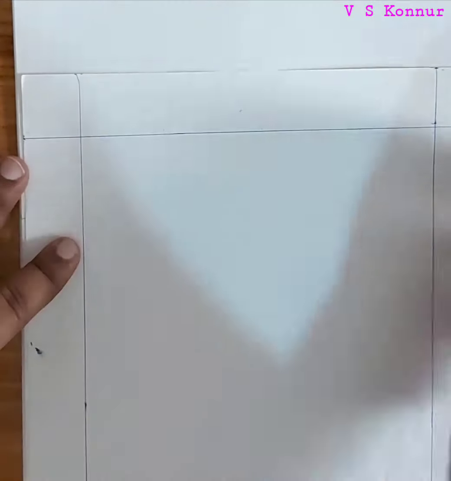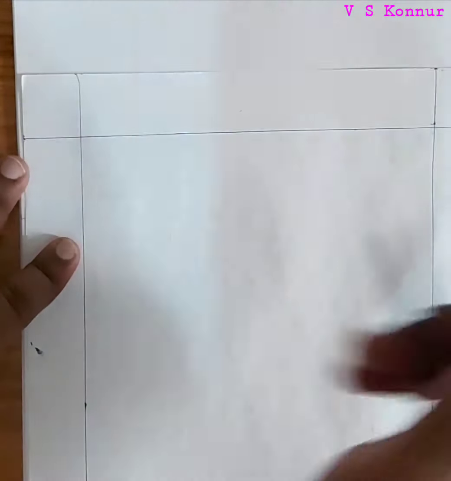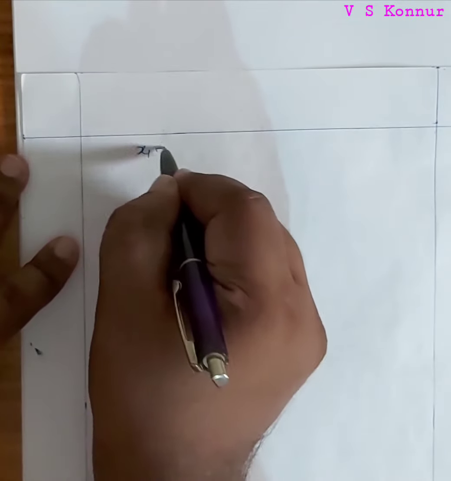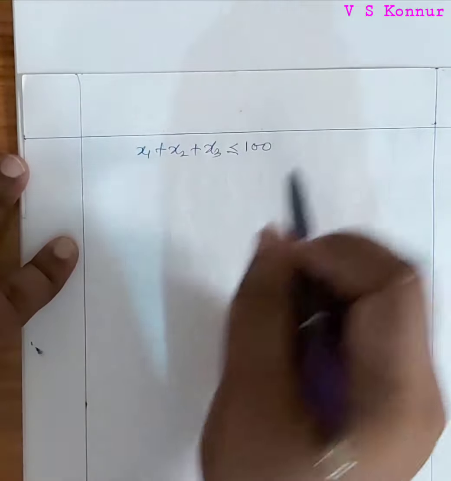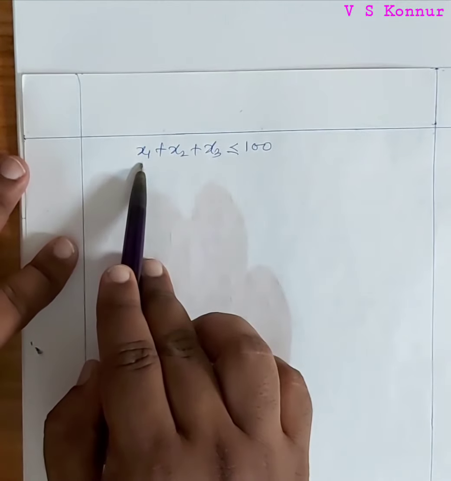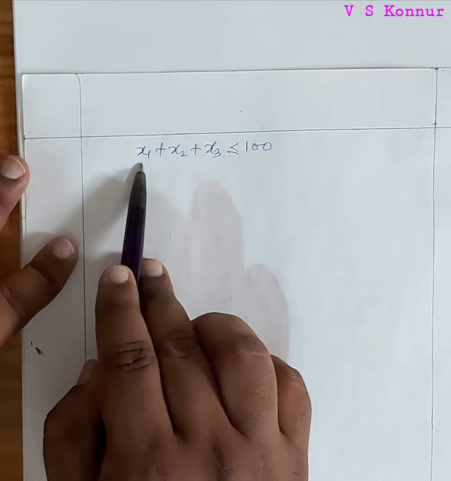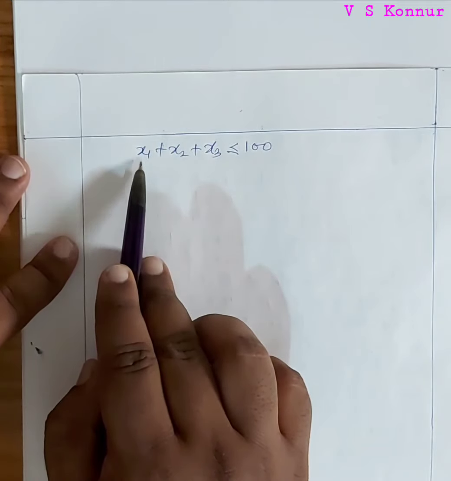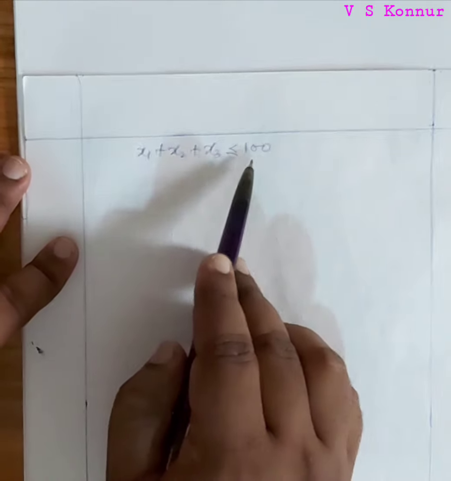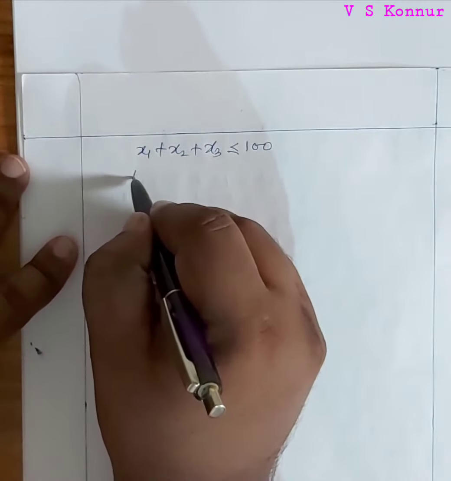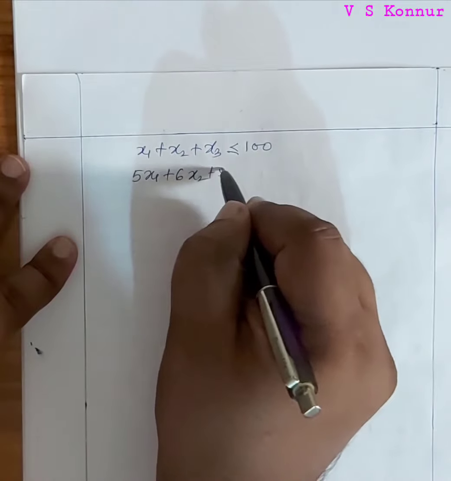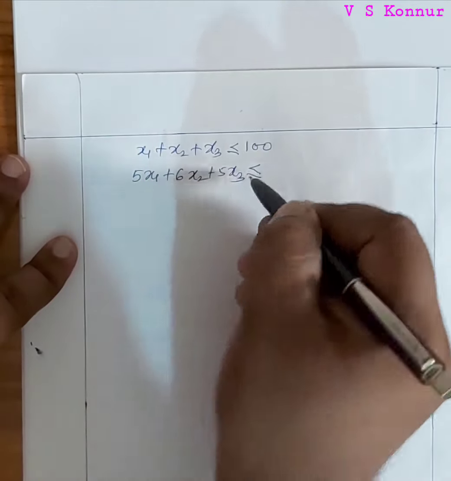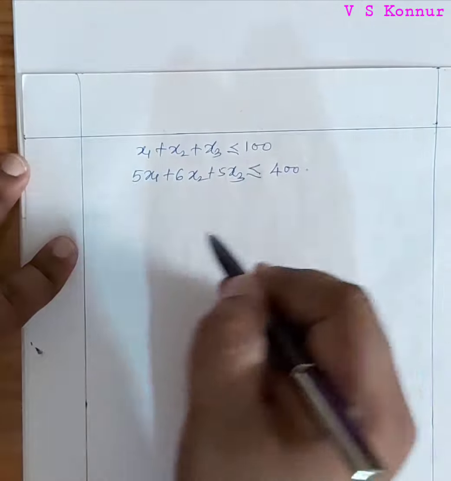So total available land is 100 acres, so x1 plus x2 plus x3 less than or equal to 100. The man days available, as I already explained: 5x1 plus 6x2 plus 5x3, less than or equal to 400. These are the two constraints.